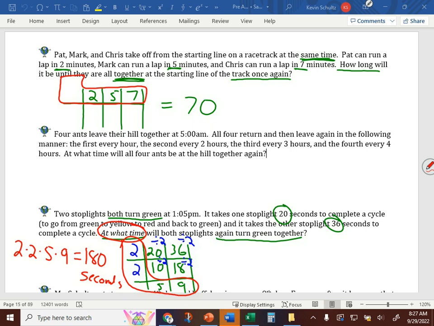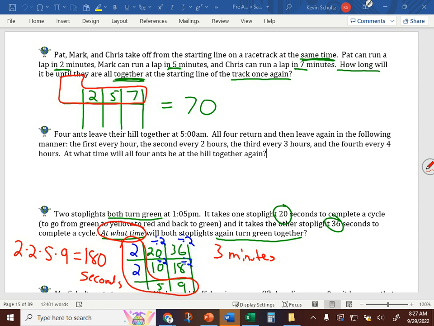Let's see, 60 seconds to a minute. 3 minutes exactly, right? 60 plus 60 plus 60 equals 180. So 180 seconds is equal to 3 minutes.